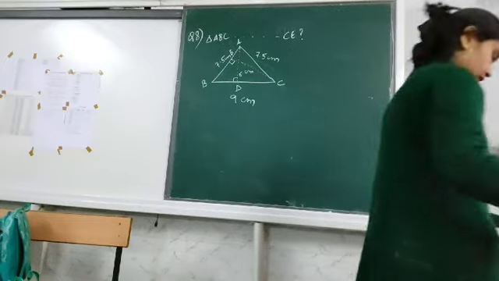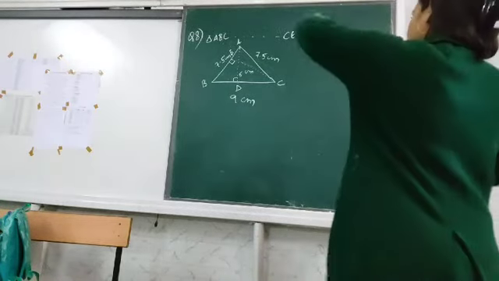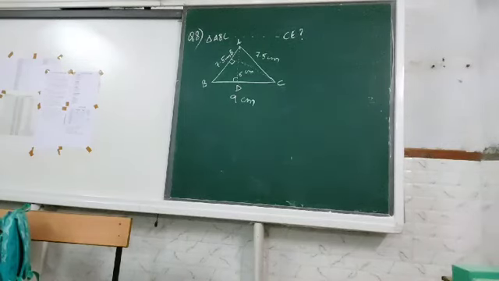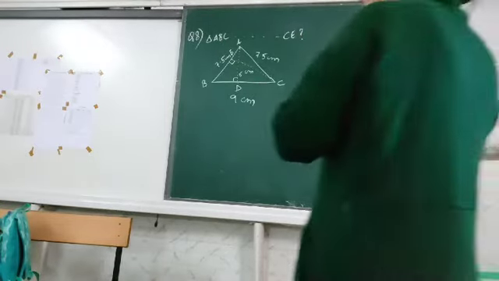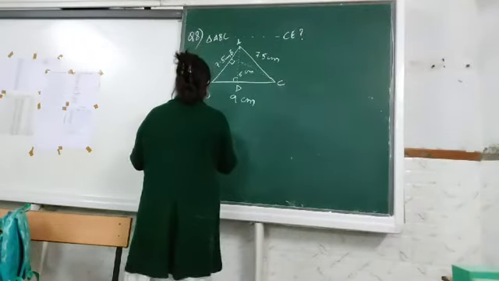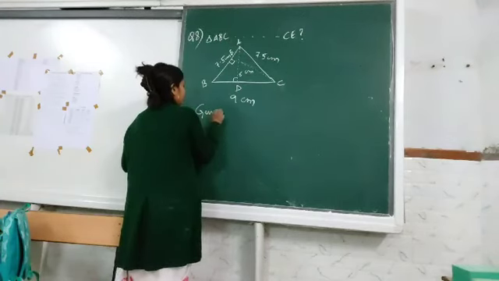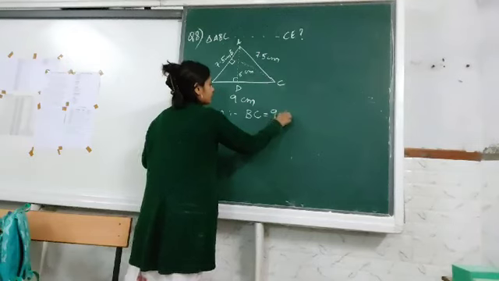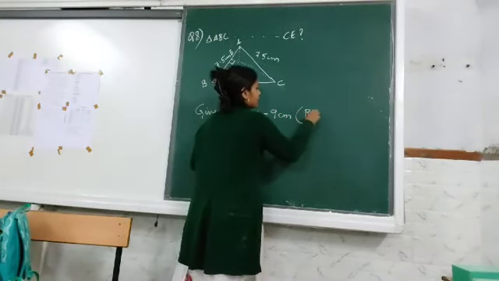Okay, so let's start. Question number 8 is just like question number 7. Whatever is given, we'll write that. Given BC is equal to 9 centimeter, base.